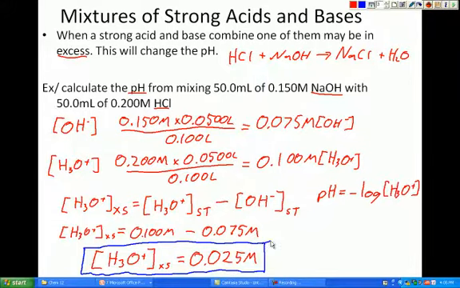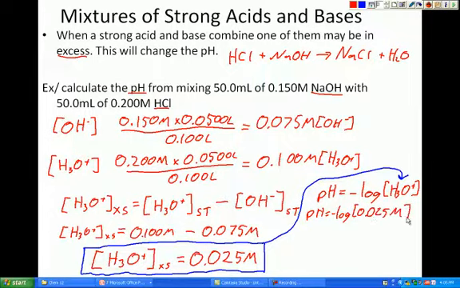So we're going to take this and put it right here. Or in other words, pH equals the negative log of 0.025. And I've already calculated this.